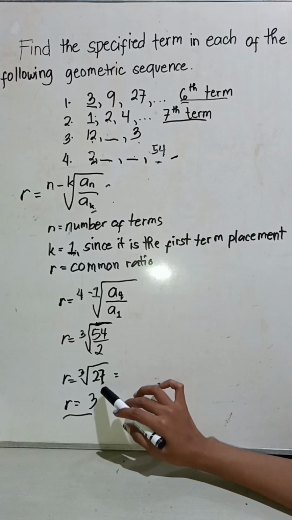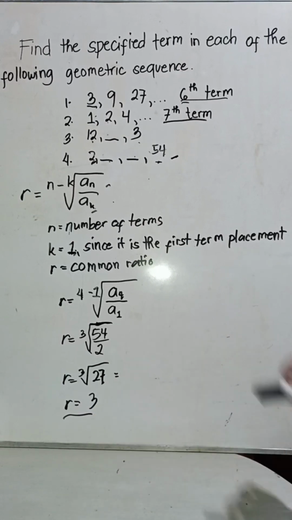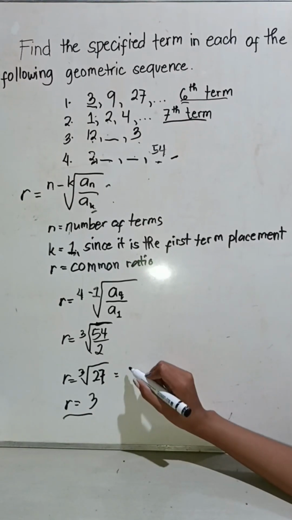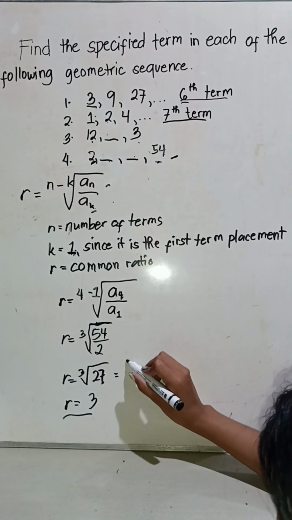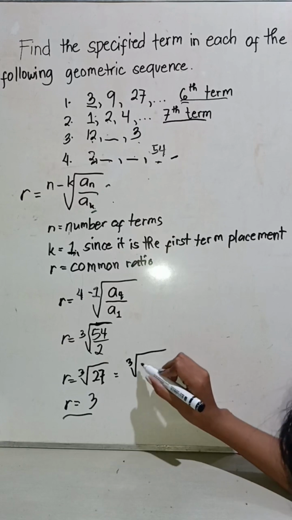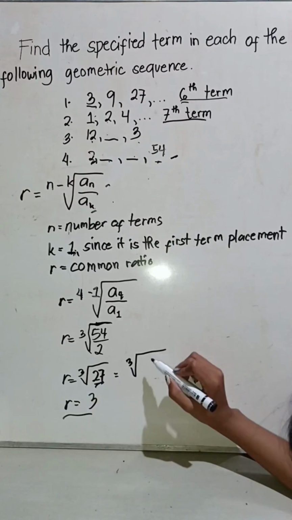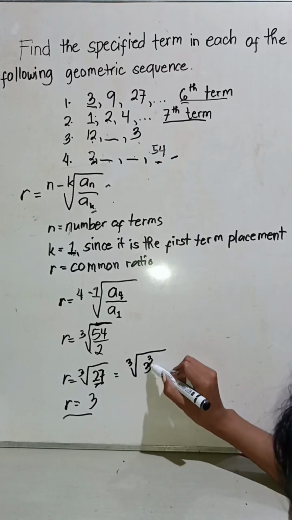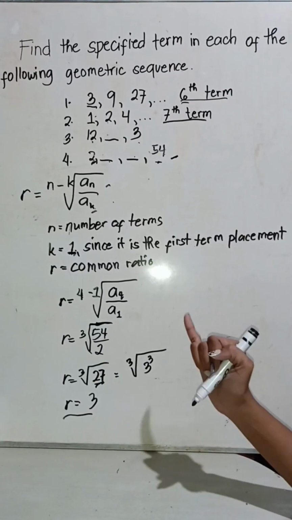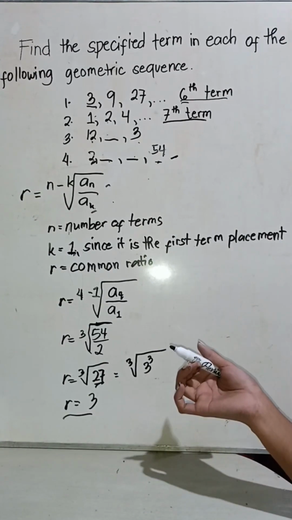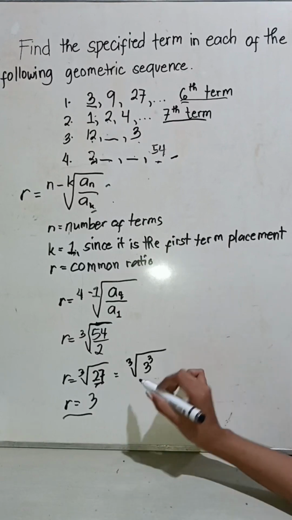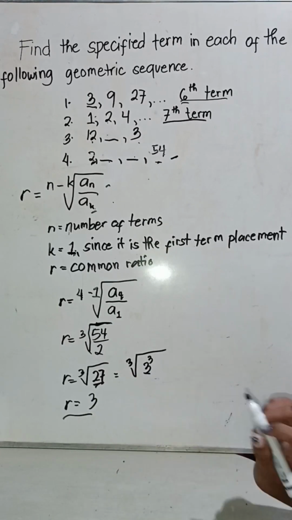But to make it easier, factor 27 into the cube root of 3 exponent of 3. Okay, right? 3 times 3, 9 times 3, 27.